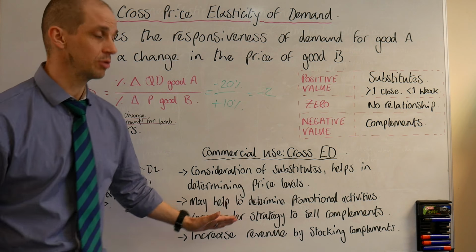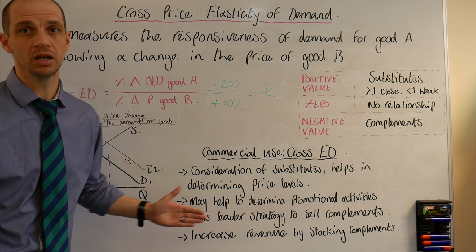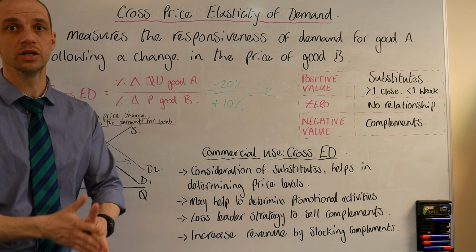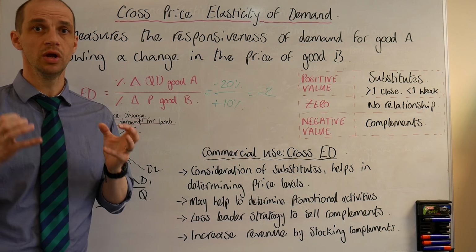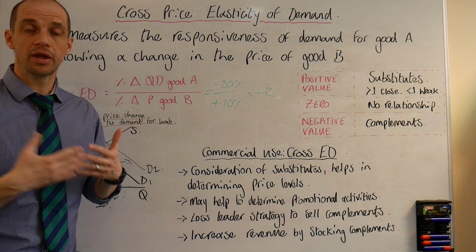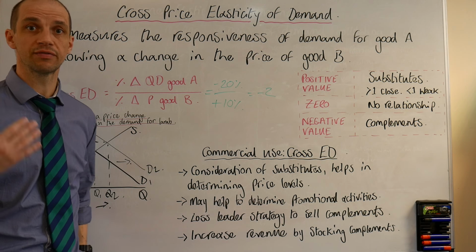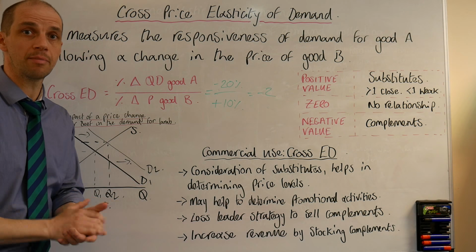Okay, it could also be about a loss leader strategy as well. So commonly used in the games console industry, where the main product, the actual console, is sold at a loss often, but then they really do charge a high price for those complementary goods, those goods that go alongside that product.